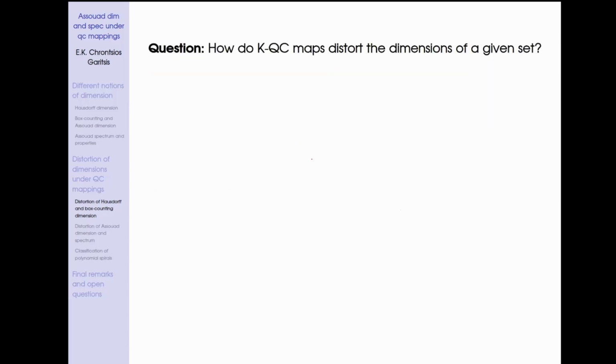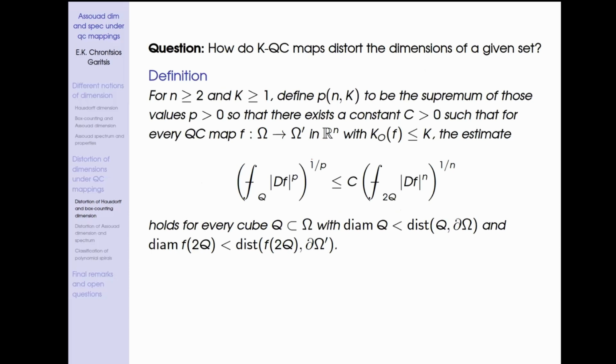Okay, so one might naturally ask, how do these maps change the dimension or the notions of dimension we saw? Before we state even known results, we need to talk a little bit about this higher integrability exponent.